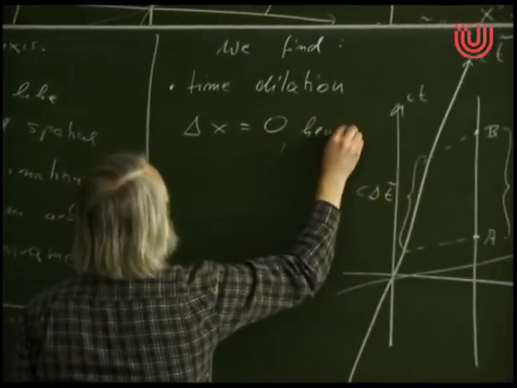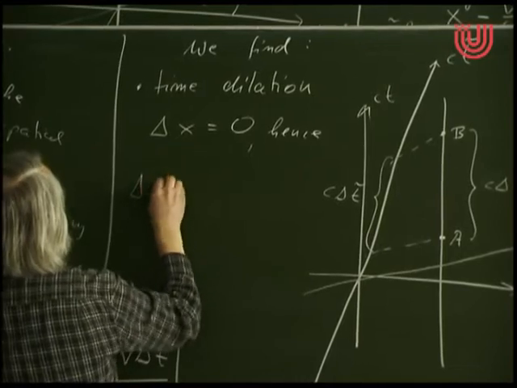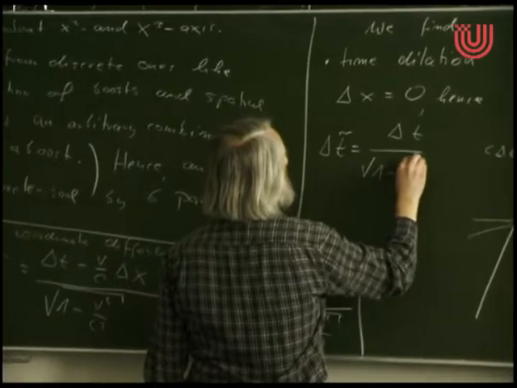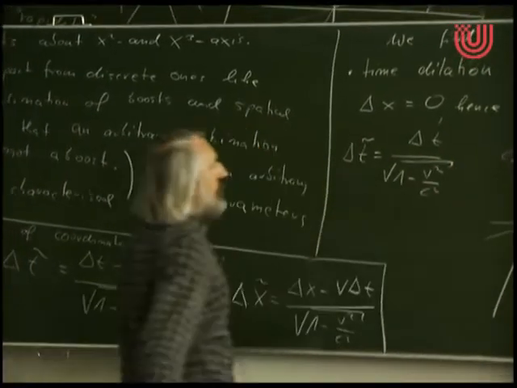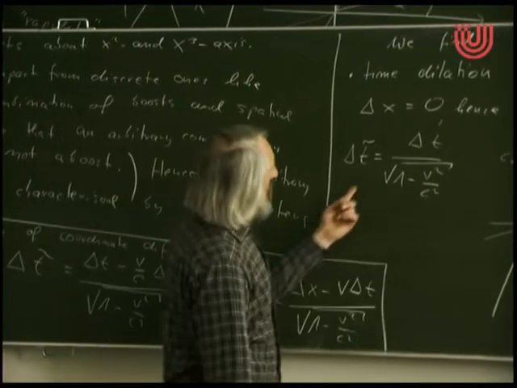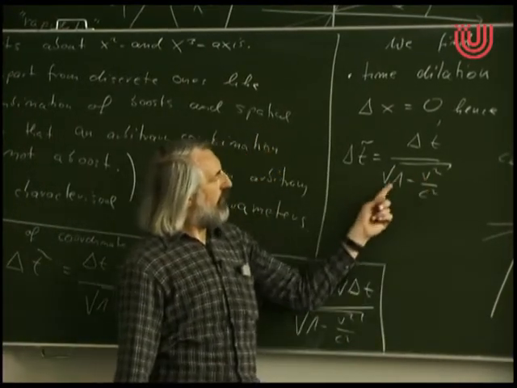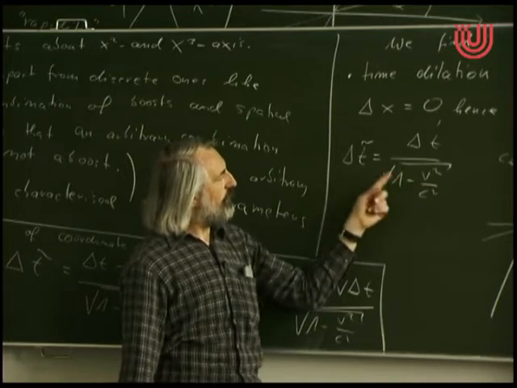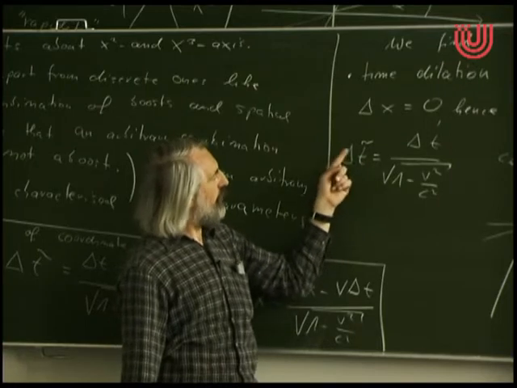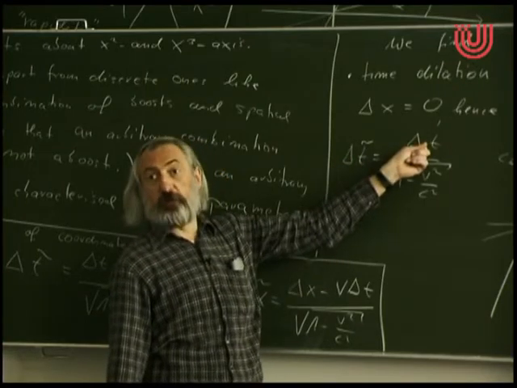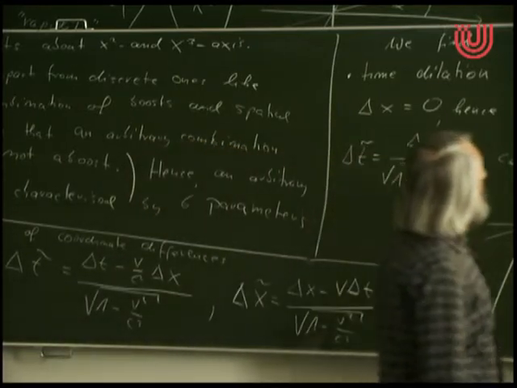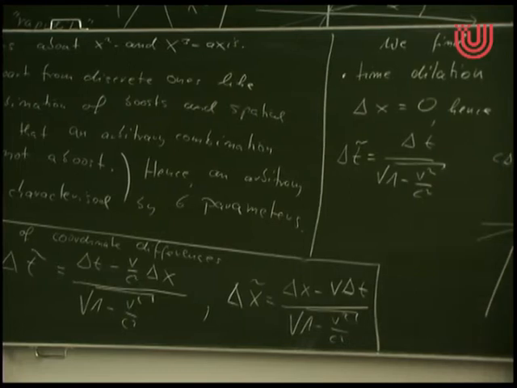This gives us the famous formula for time dilation, delta t over the square root. Obviously this thing here is smaller than 1, I subtract something from 1. Because it's in the denominator, the factor with which delta t is multiplied is bigger than 1. So I have a dilation, it becomes bigger. So that's time dilation. I think I don't have to discuss this, everybody has heard about this.